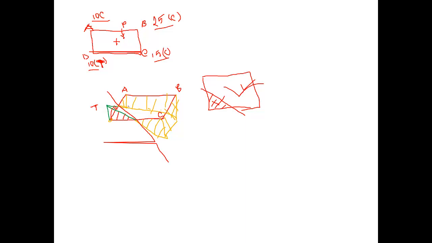If you draw the stress diagram, you find all the diagrams are below the footing, which is compression. Only this portion is having tension. So this is our new neutral axis.